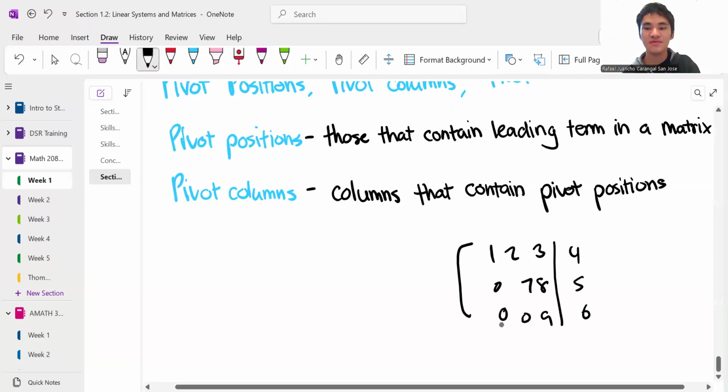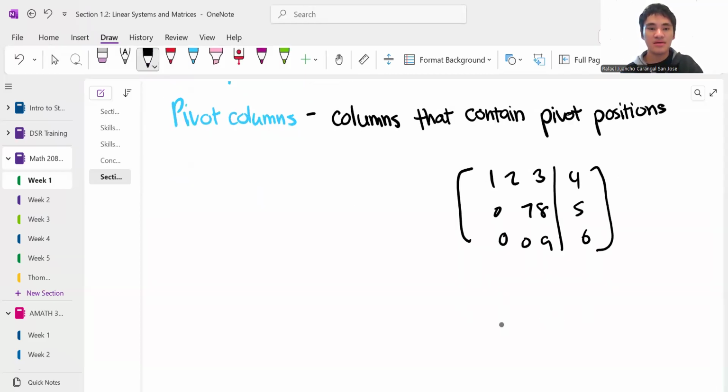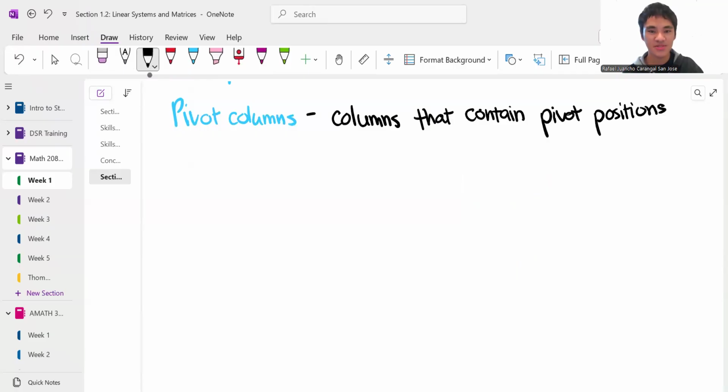This is an echelon form. These are the pivot positions. We can see that all columns 1 to 3 have a pivot, so all three columns are pivot columns, because they contain a pivot position.